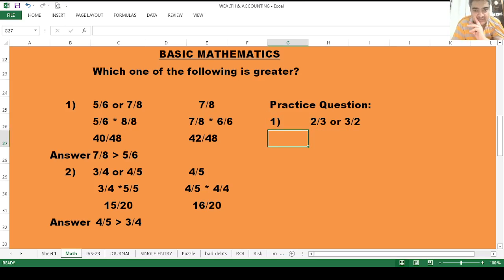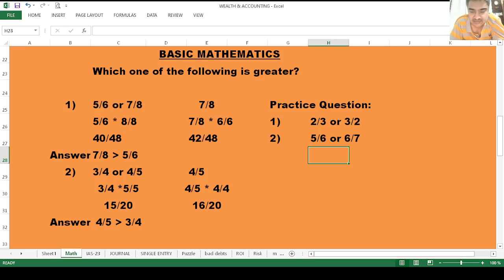Let me give you another practice question. Solve 5 over 6 or 6 by 7.